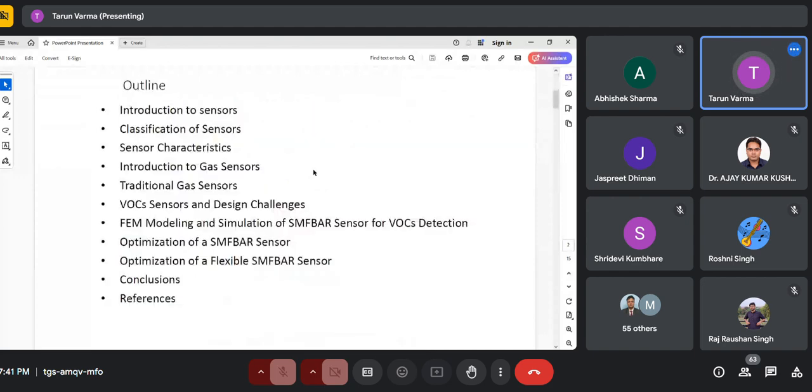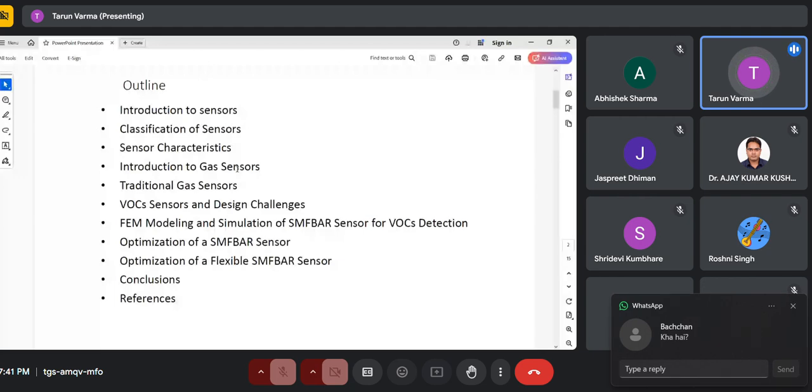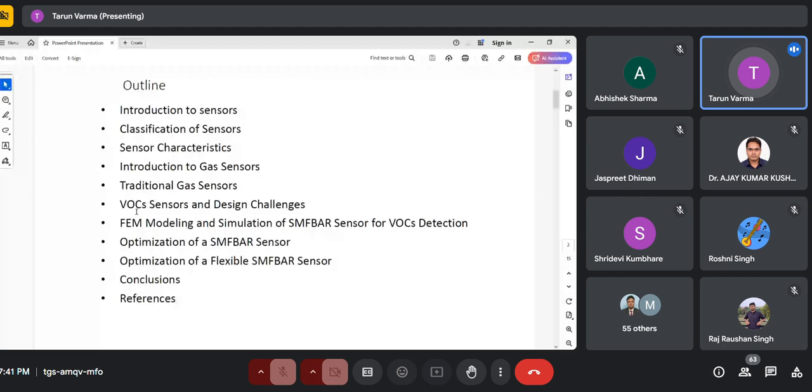This is the outline: introduction to sensors, classification, characteristics, then what are gas sensors, and in gas sensors also VOC sensors and their design challenges, their modeling, and simulation of solidly mounted film bulk acoustic resonator sensor for VOC detection.